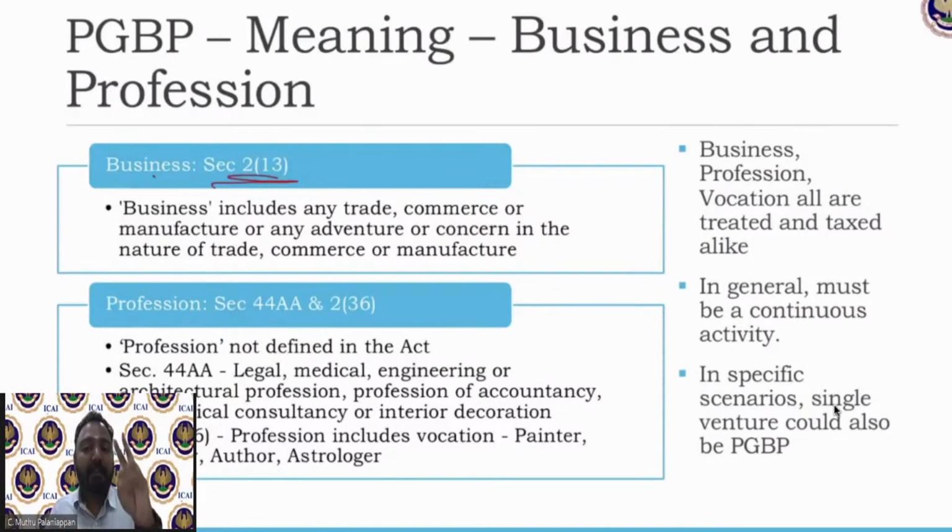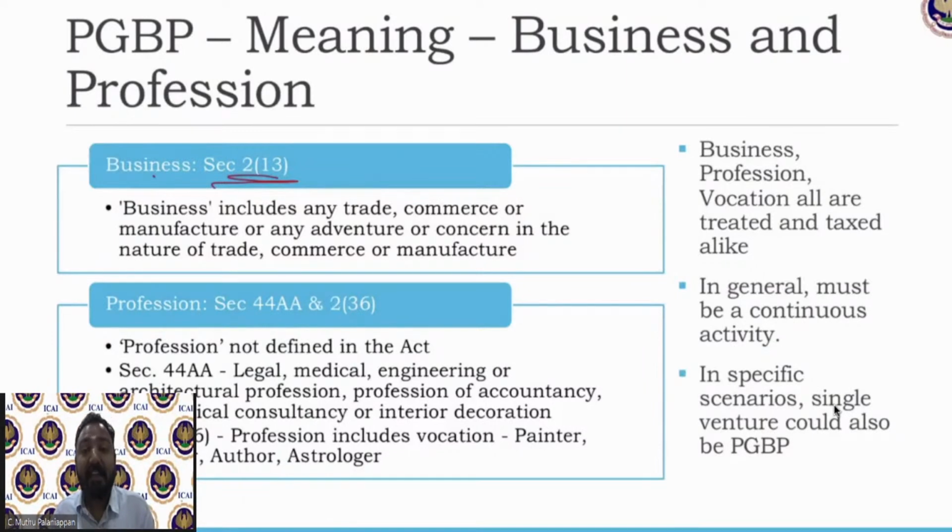Most acts have in Section 2 the definitions which are relevant for the entire act. So for the Income Tax Act, there are various definitions provided in Section 2. In that, Clause 13 provides the definition for business.